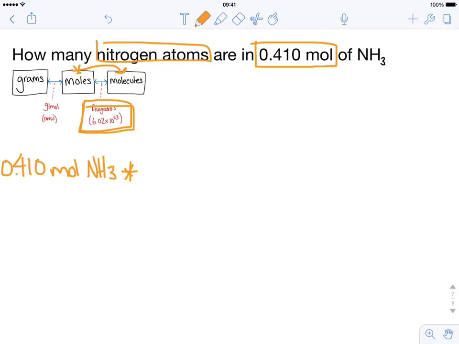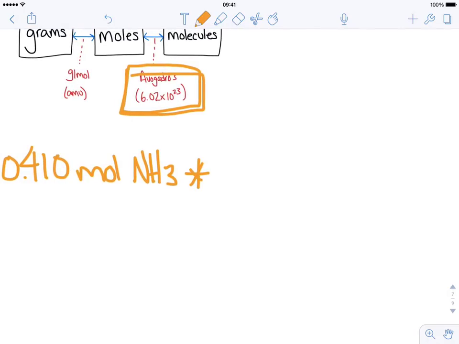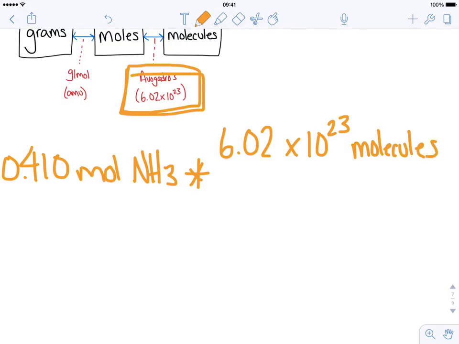And since we are given moles and we want molecules, we're going to put mole on the bottom so that it cancels out. So on the top here, I'm going to put 6.02 times 10 to the 23rd molecules, and I'm going to put mole on the bottom.